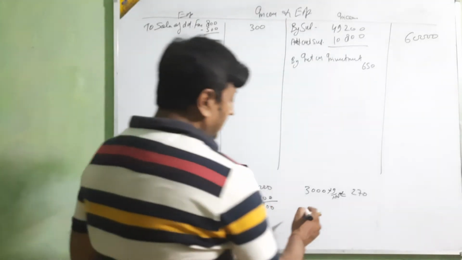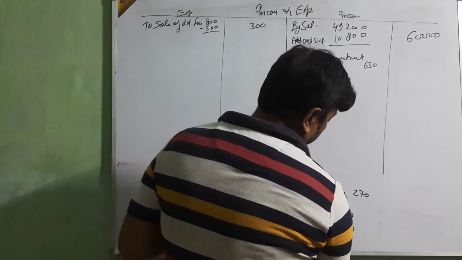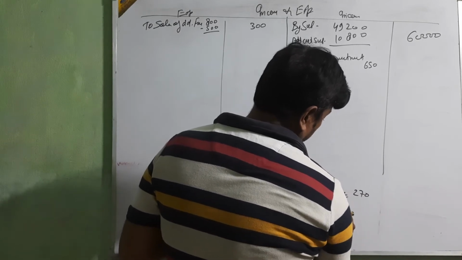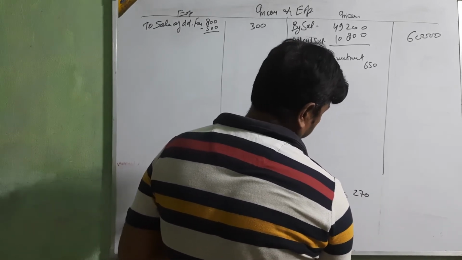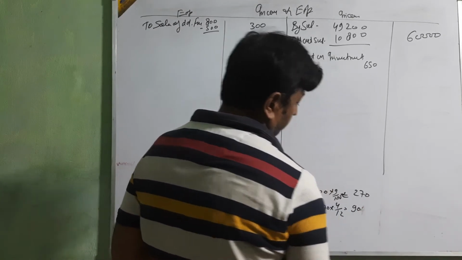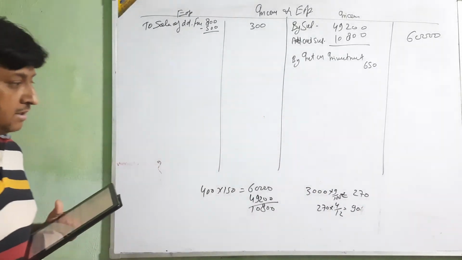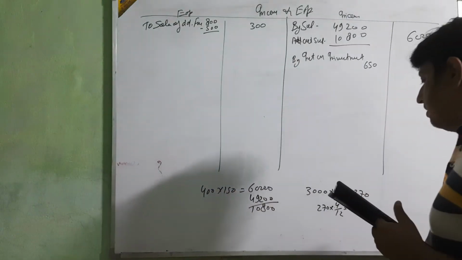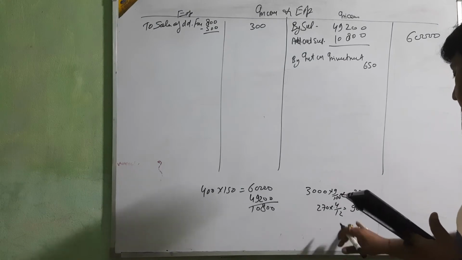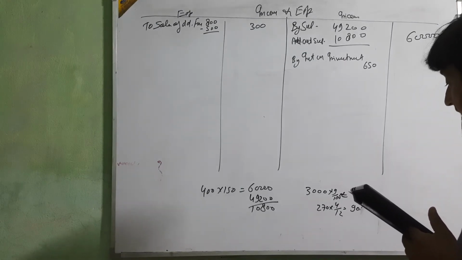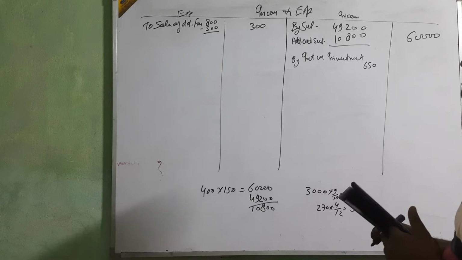It's for the whole year. 270 into December 4 upon 12, 90 rupees. Okay. It means 90 rupees total.